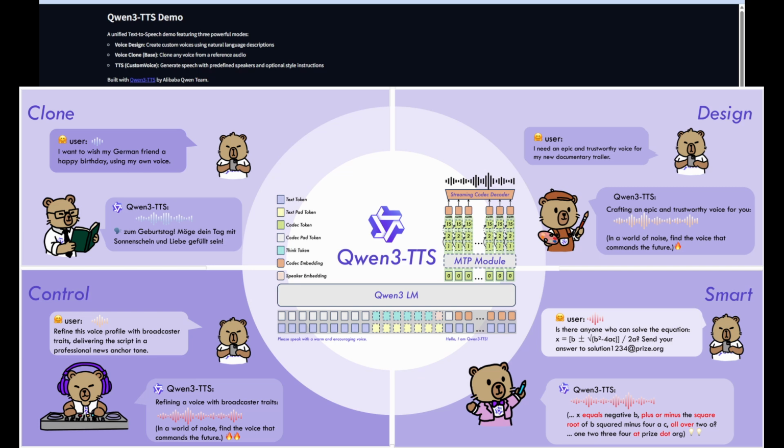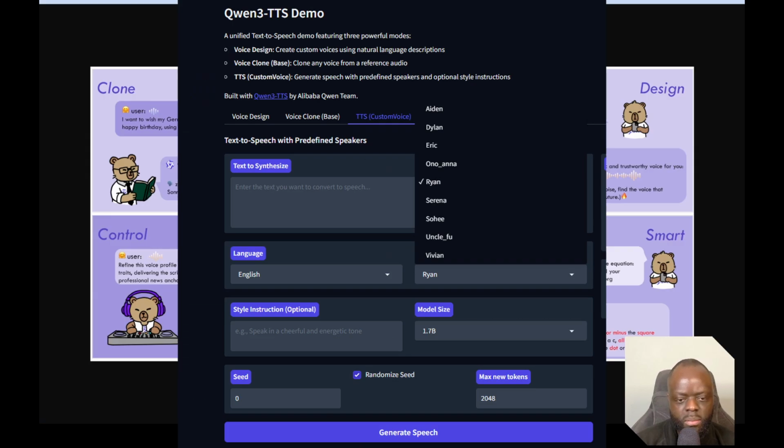And lastly, we have the TTS, text to speech, which is basically the custom voice, right? The model uses 9 predefined high quality reference speakers, right? Like Ryan and Serena and whatever. And I mean, you can't necessarily change who they are, but you can control how they speak through instructions.